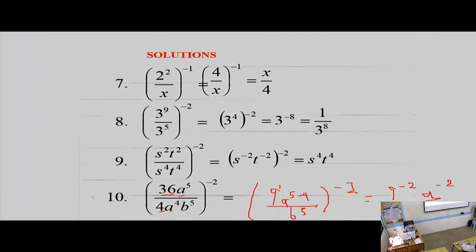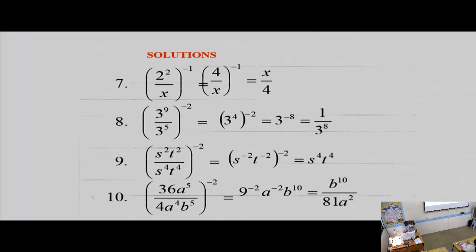Over b to the power of 5 to the power of negative 2, that is b to the power of negative 10. And again, these are all negative exponents, so just get the reciprocal of both. Since all of the exponents are negative, our answer will be b to the power of 10 over 81a to the power of 2.